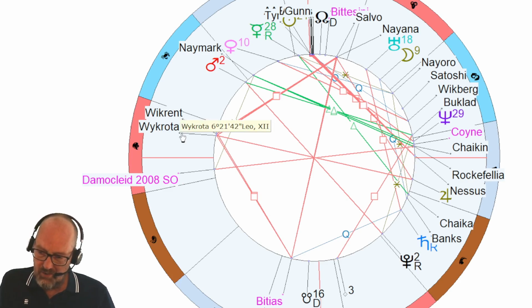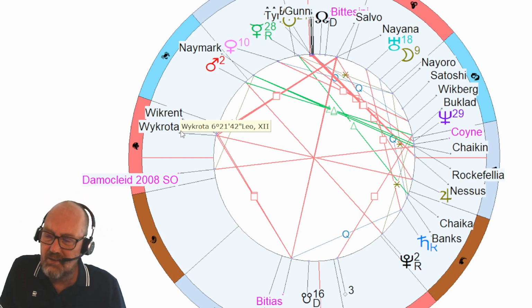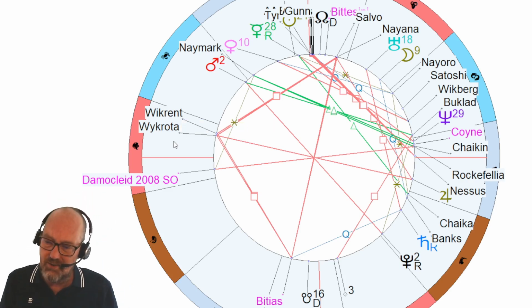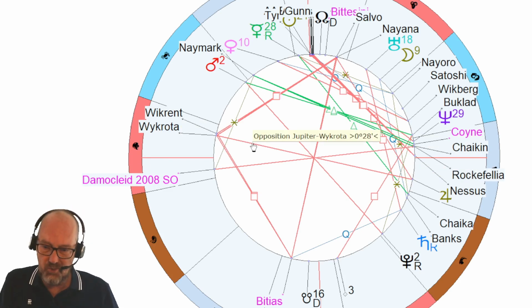So it's amazing to me how often these asteroids are involved in stuff. I'm not always sure what they mean, I have to be honest about that, but you will find that they are very active asteroids at all these types of events. So keep an eye on them would be my advice. They're also opposite Jupiter, so there's definitely stuff going on.